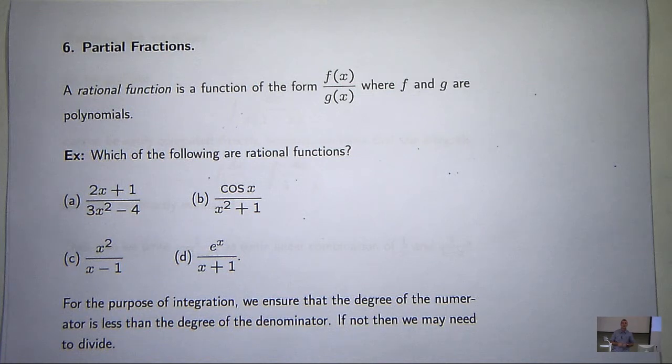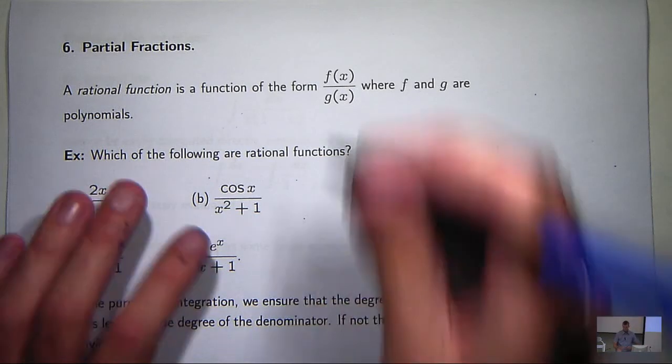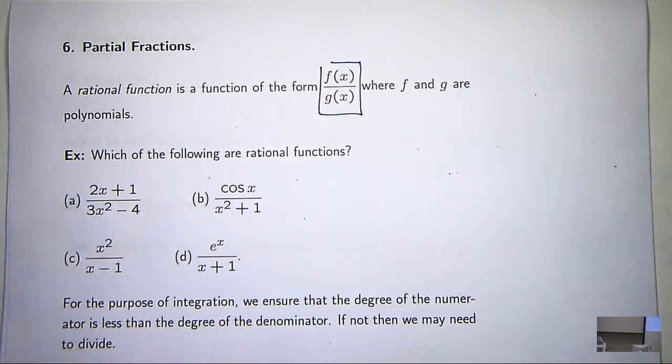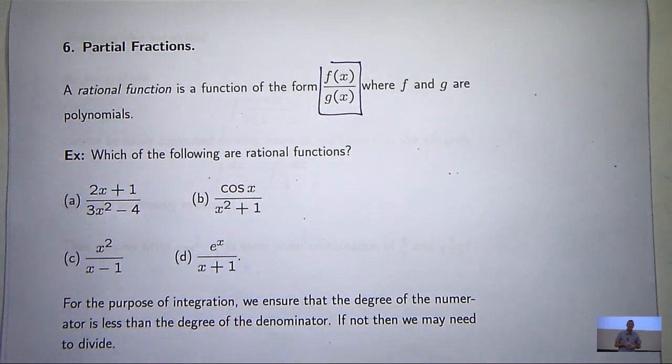Okay. So the second half of this lecture, we're going to talk about the method of partial fractions. Who's heard of the method of partial fractions? Okay, just a few people. That's all right. Now, we are going to look at integrals of the following form. You have one function divided by another function where both of those functions are polynomials. So x squared plus 1 divided by, I don't know, 2x minus 1.